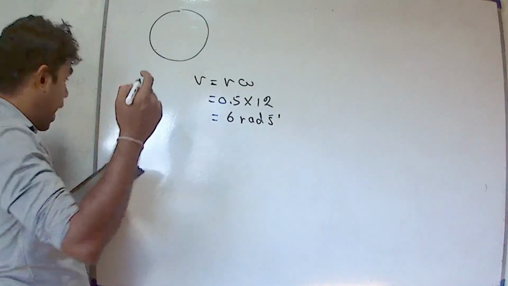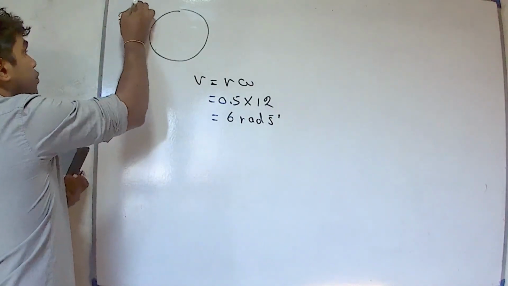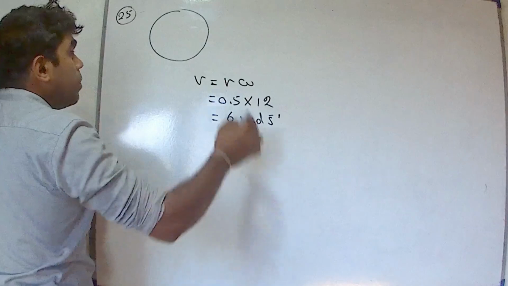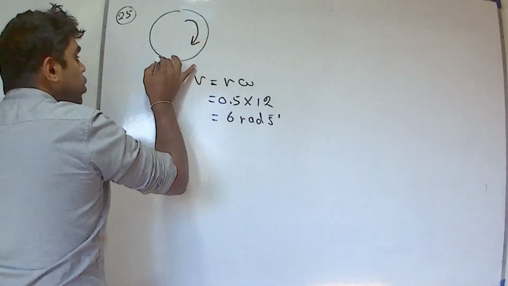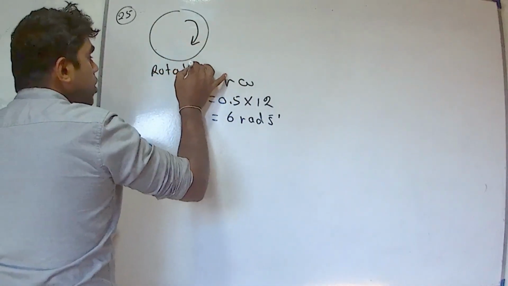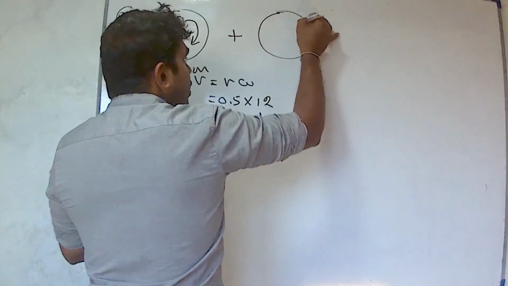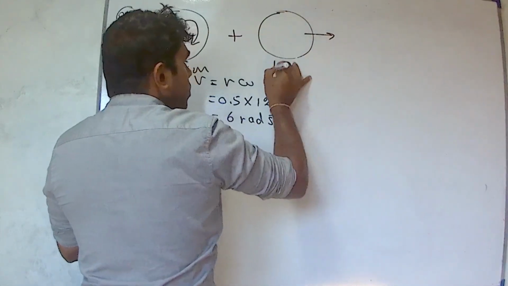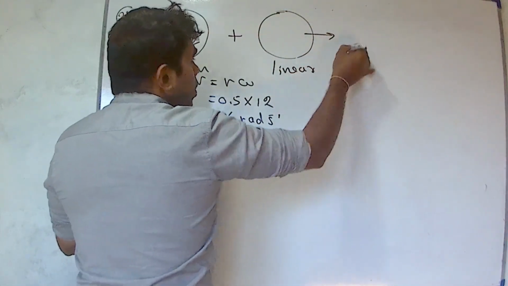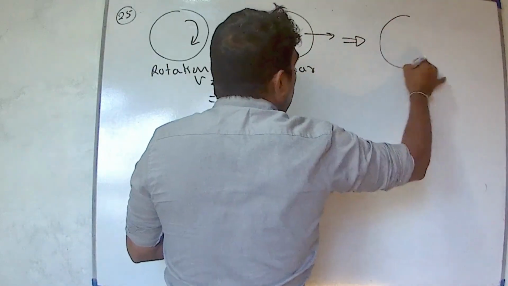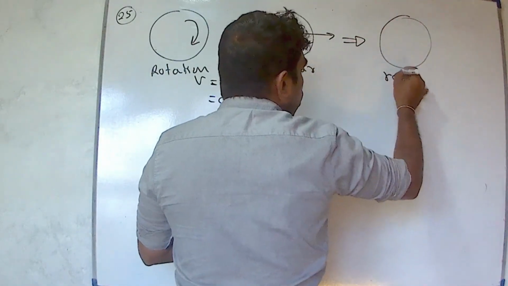Now we have to consider that when an object is rolling, it means there is a rotational motion and a linear motion. Rotational and linear motion together make the rolling motion. This is the rolling object.